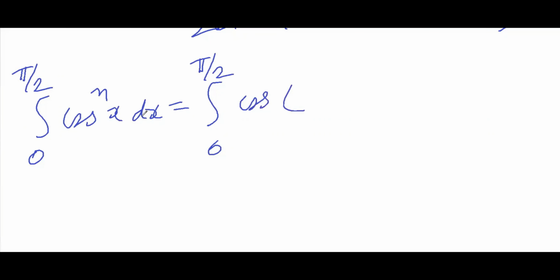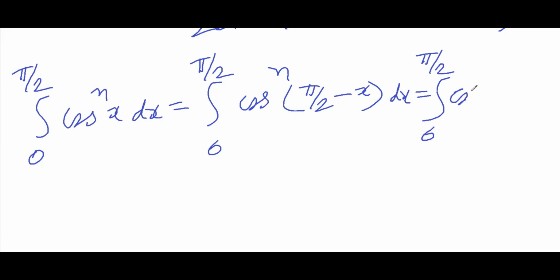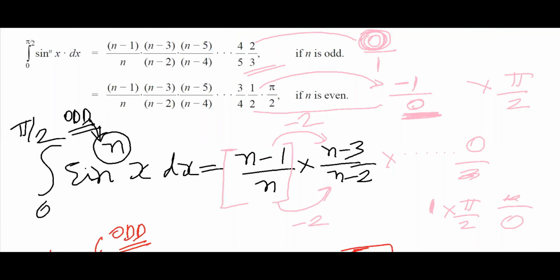Wherever you see x, you will replace it with pi by 2 minus x, and ultimately cos of 90 minus theta is sine theta. So you will write it as sine to the power of nx dx, which is the same as we discussed here. So that's what I wanted to explain. Hope it is clear.